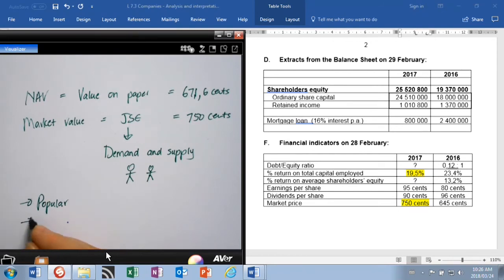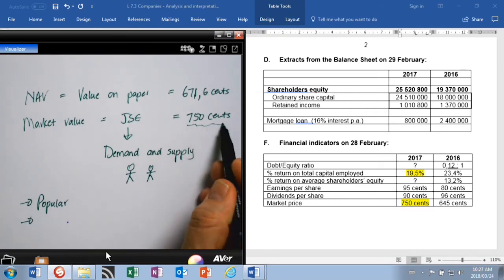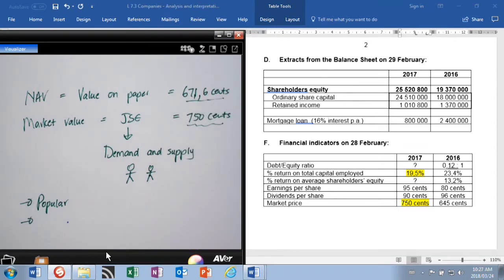There's only good things about us on the radio and the TV, because the market price, the JSE, the people outside are willing to pay more. They're willing to pay 750 cents for shares that are only worth that. If you think about Steinhoff last year, where Steinhoff goes down and the price of the shares drops drastically, that is not the case at the moment for this company. So now they can ask you a few questions on this.